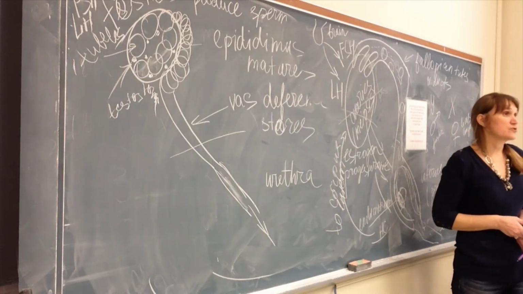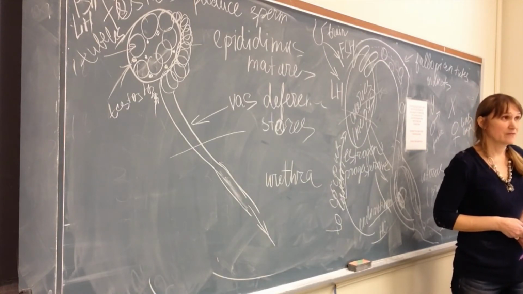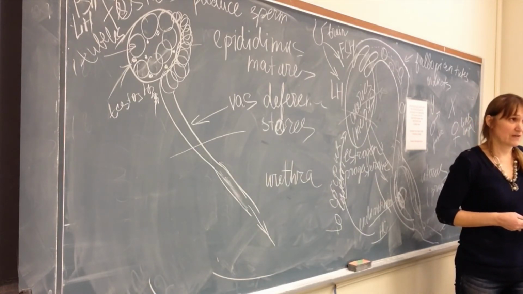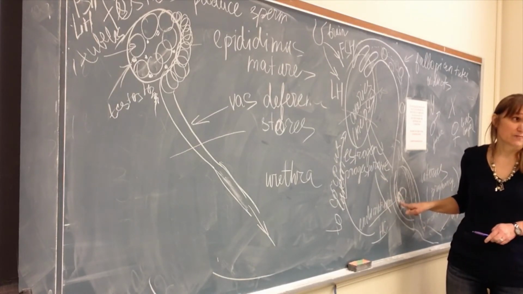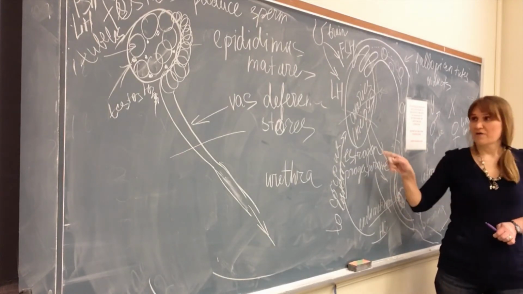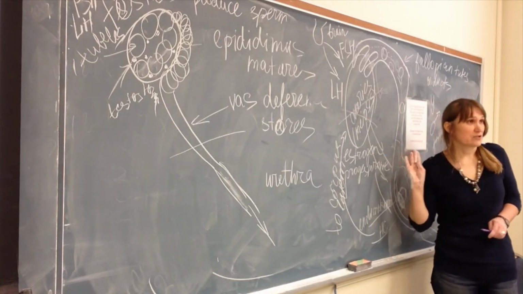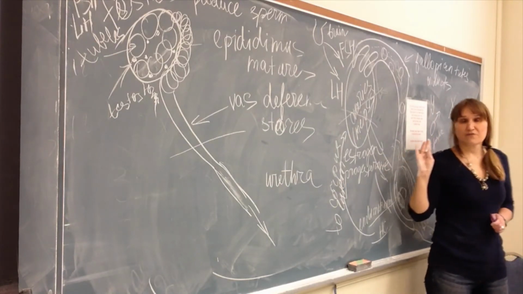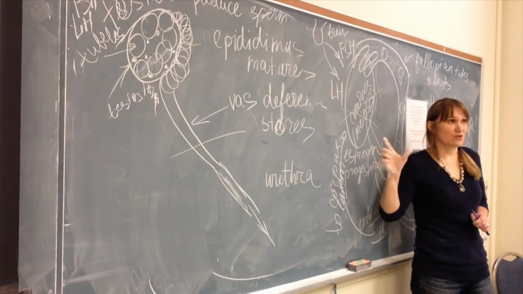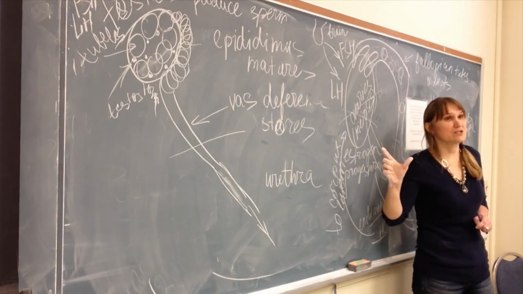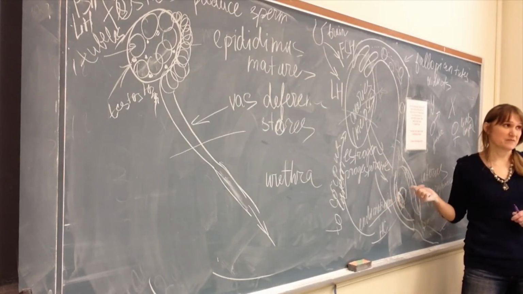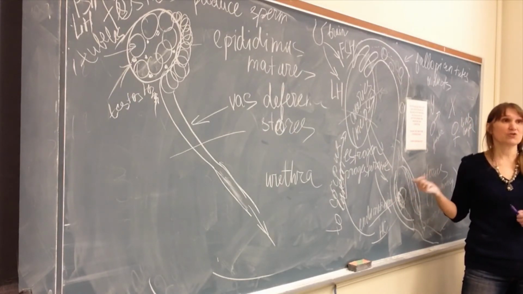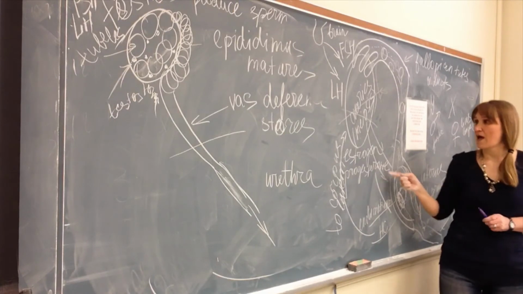Now, what are those birth control pills? They're based on progesterone. There are two kinds of birth control pills. The first ones are based on the not natural combination of estrogen and progesterone, so that your uterus is not able to accept pregnancy.